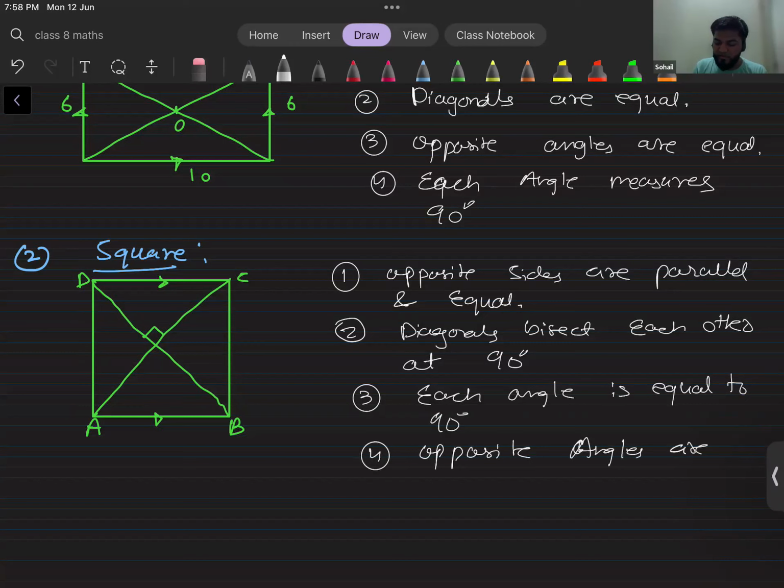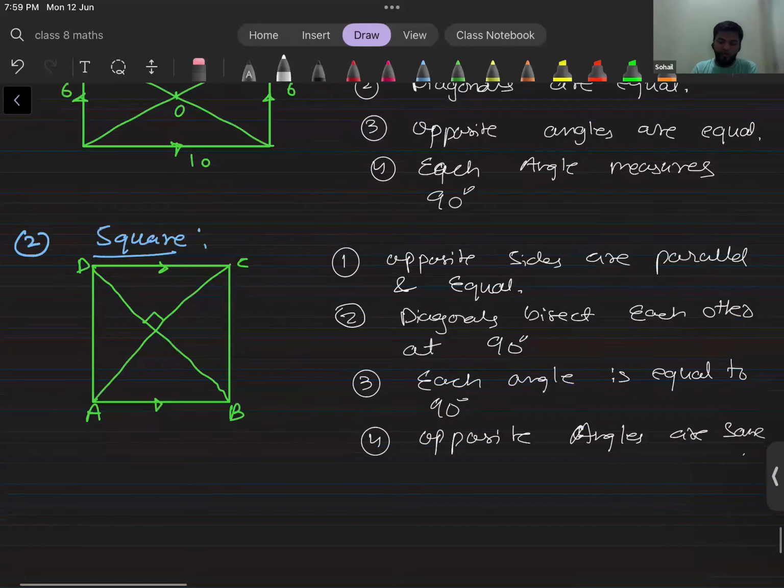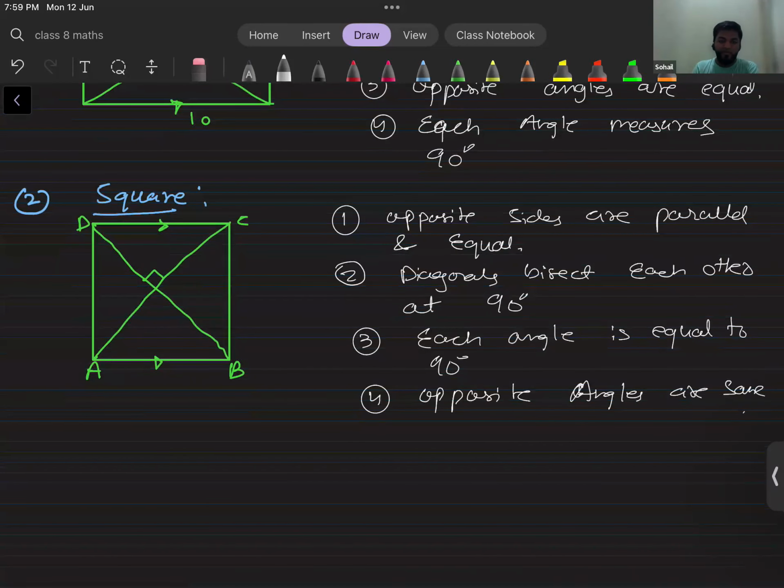Now, one thing you tell me: are the diagonal and side of a square equal? No, that is not equal. Look, in this figure, side BD and side AB are not equal. If you remember, you must have studied the Pythagoras theorem.